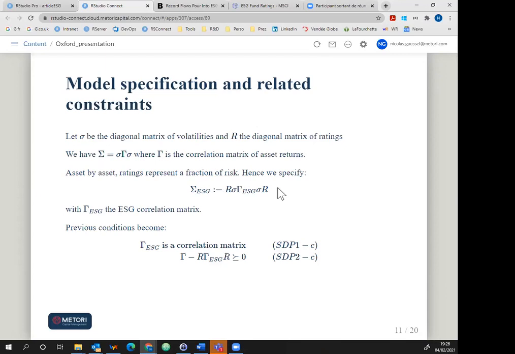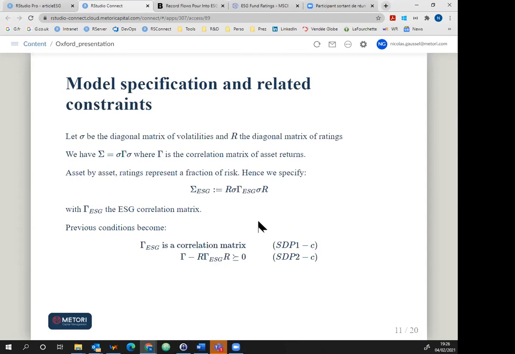Meaning that on the diagonal terms, if gamma, for instance, is the identity, you would find the square of sigma_i multiplied by the square of R_i. So individually, you have the rating for each and every component of your investment universe. The thing is that you don't know exactly how to combine them. So in that framework, we now want to dig and find the right correlation matrix.